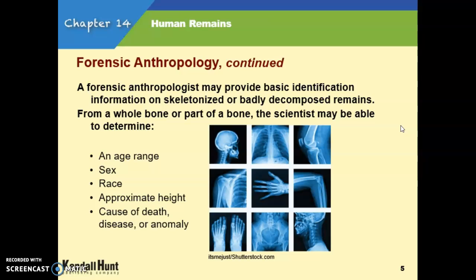So, for example, there's a ton of data out there about the length of bones and how the length of certain bones corresponds to the height of the individual. So all you have to do, for example, if you were to find a femur, would be to measure the length of the femur and plug that into a formula, and you can figure out the approximate height of the person. There's also definite differences in the skeleton between sex and race.